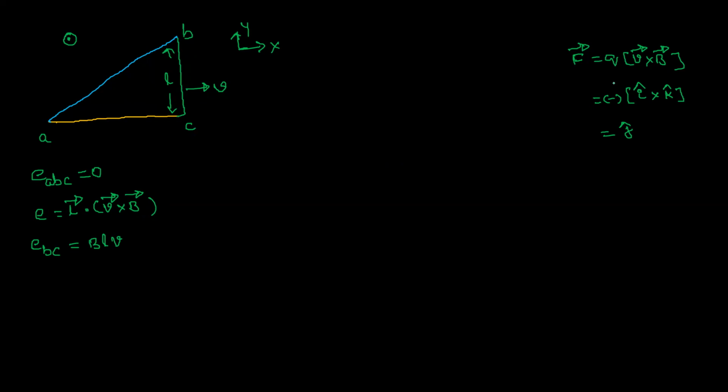Cross check once: charge negative, velocity direction i cap, field direction k cap, i cap cross k cap is minus j cap, minus of minus is plus j cap.